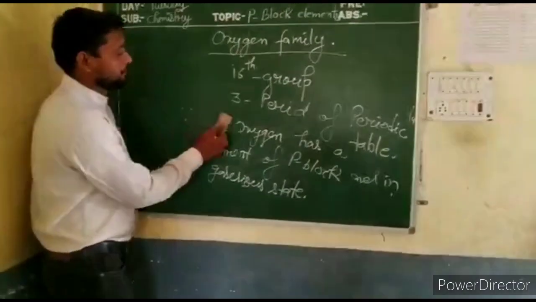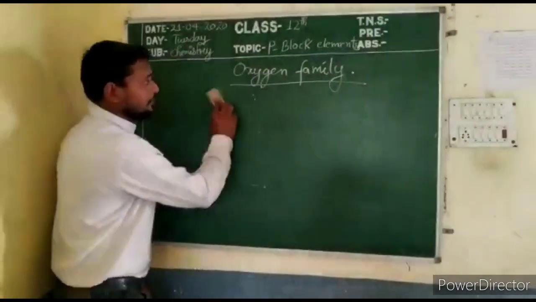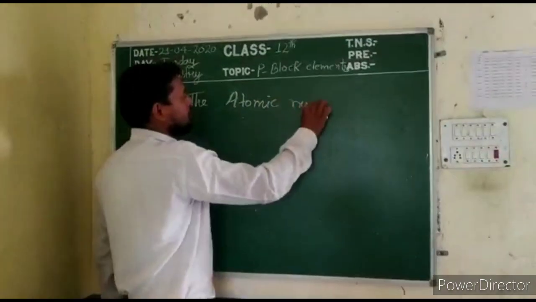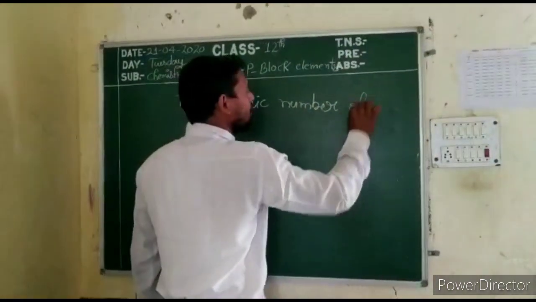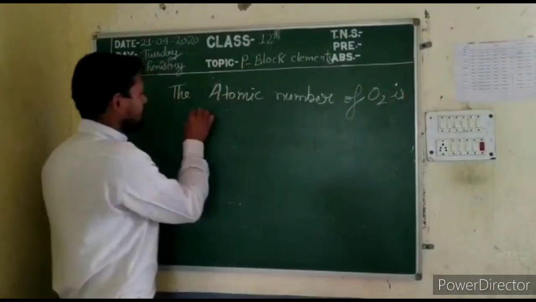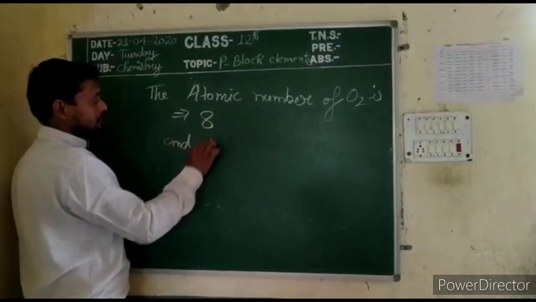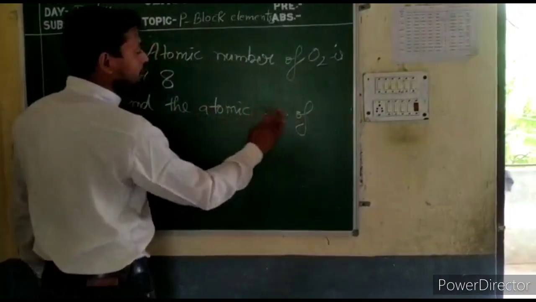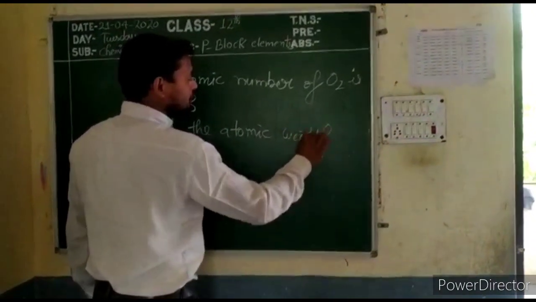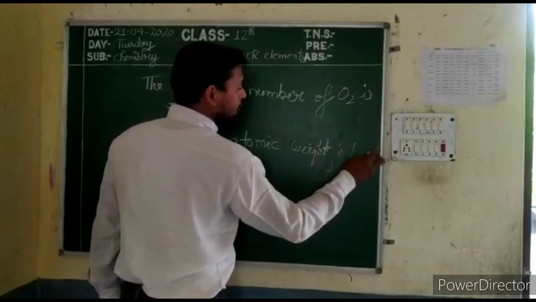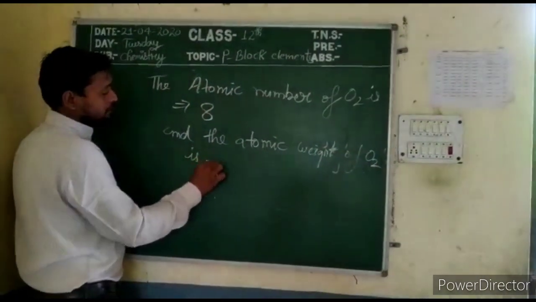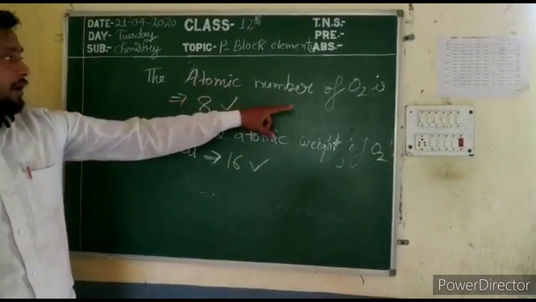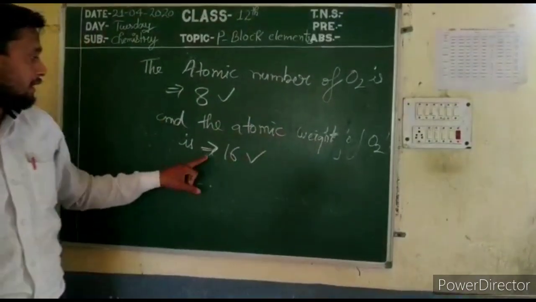After that, the atomic number of O2 is 8 and the atomic weight of O2 is 16.